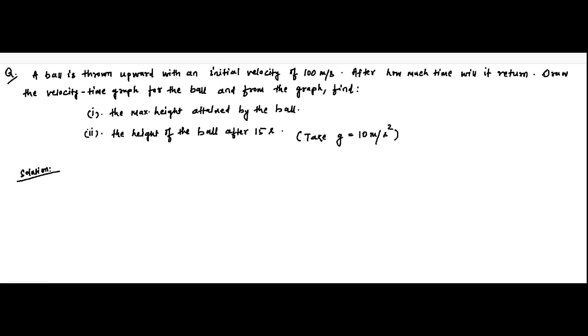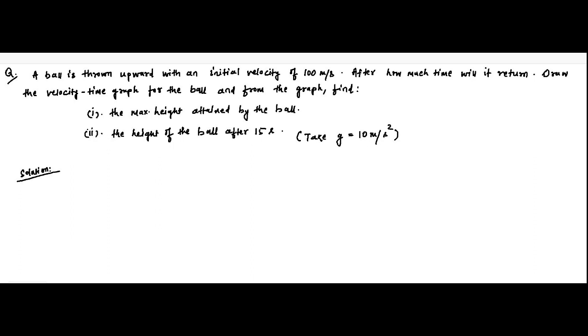So here is another question on graphical analysis of one-dimensional motion. It is given that a ball is thrown upwards with an initial velocity of 100 meters per second. After how much time will it return?